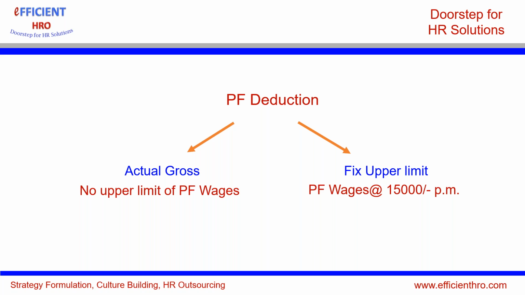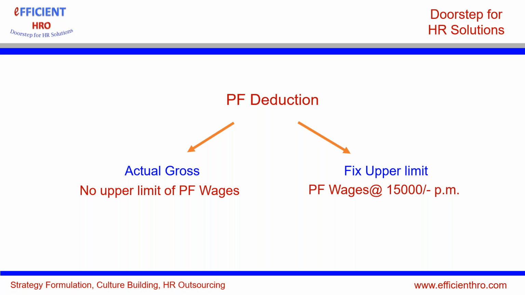It is up to the organization which option they opt for, actual gross or fixed upper limit. Whichever option they select, the deduction from the employee side and the employer side will be the same. It can't happen that the employer deducts on actual gross and the employee on the fixed upper limit. That is not possible.